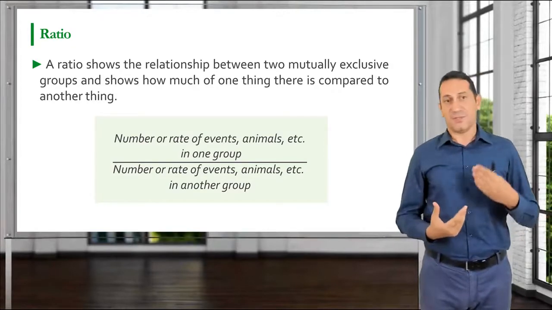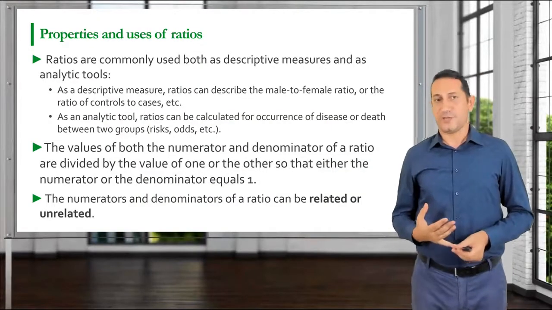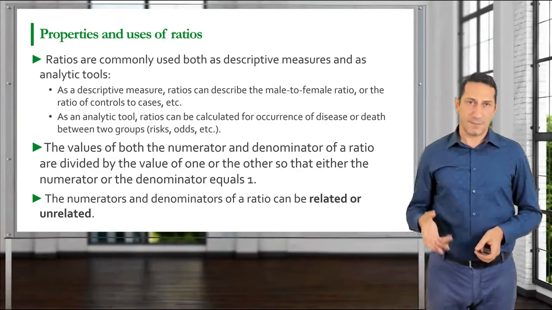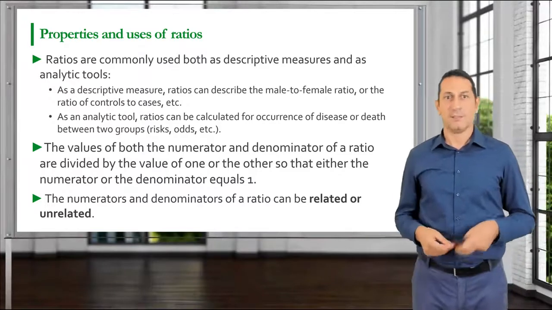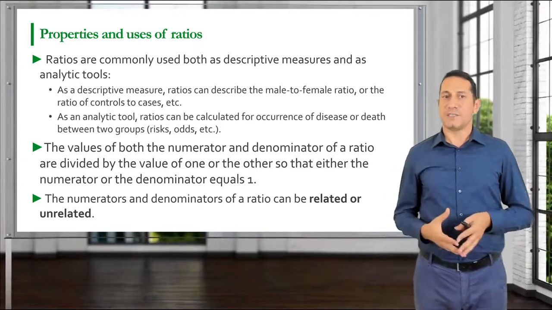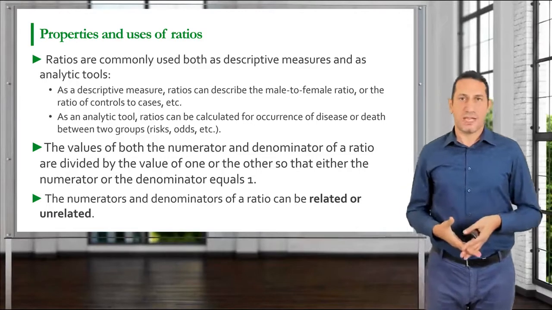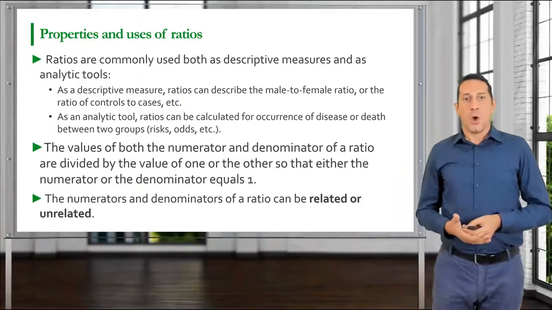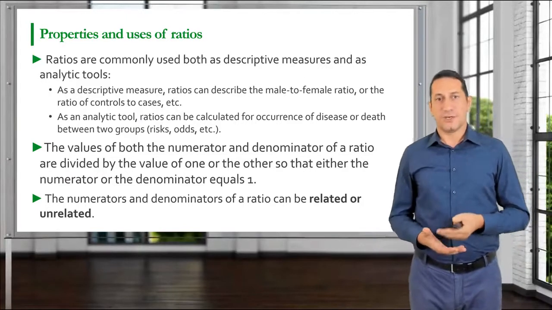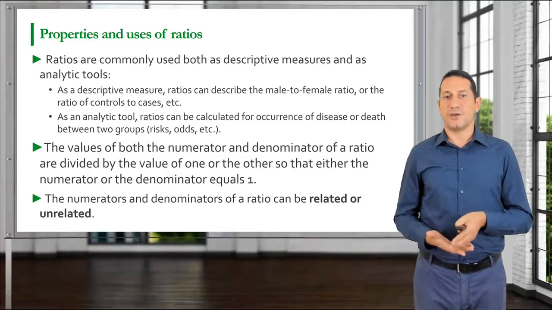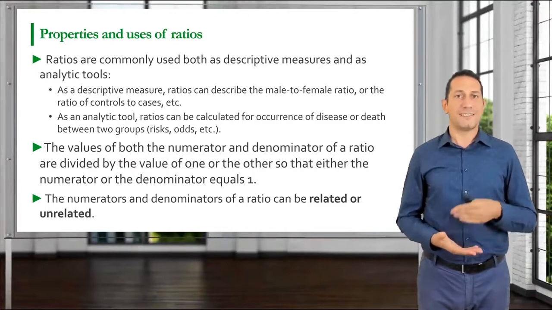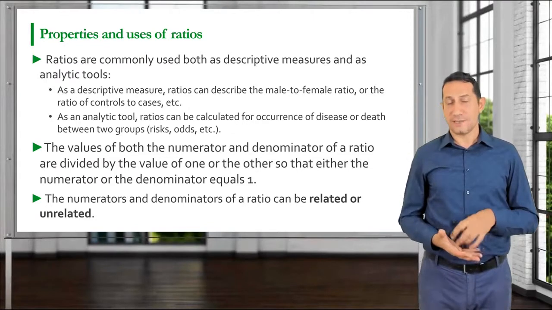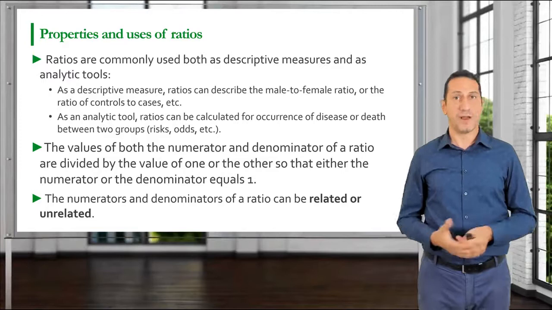It's a fraction between these two. Properties of a ratio are that they are commonly used both as a descriptive measure and as an analytical tool. As descriptive measures, they can be used, for example, to compare males to females, like we said with the puppies. But as analytical tools, ratios can be used to calculate occurrence of a disease or mortalities or morbidities and convert them into risks, odds, etc., which are used to compare different groups.